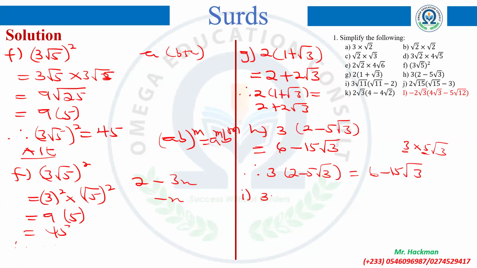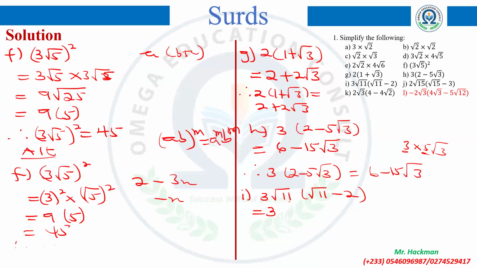We have 3 roots of 11 times root of 11 minus 2. So this will be equal to, you are going to multiply this and this. Whenever you are multiplying two surds, you multiply the coefficients of the surds. So it will be 3 times 1, and that will give you 3. Then you come and multiply the radicals. Keep your root and multiply the radical.